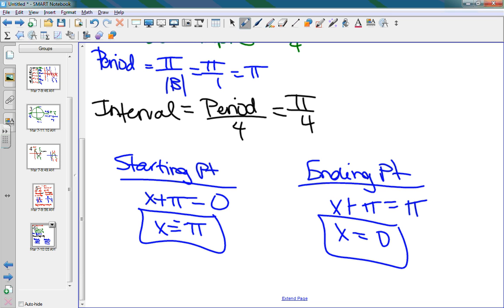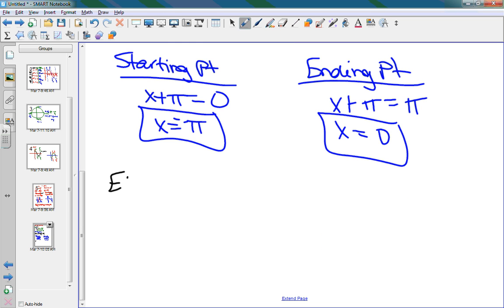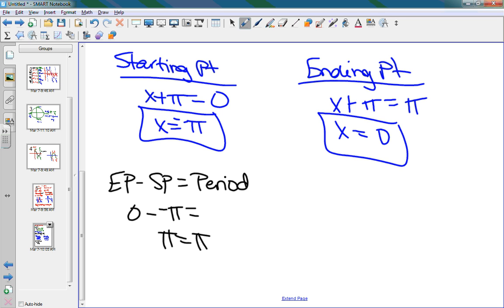Now, how do I know if this is accurate? Ending point minus starting point has to equal your period. So my ending point is 0 minus my starting point, which is negative pi, and that's going to give me pi. Does pi equal pi? Yes, I know I'm right. We all understand that. Yes or no?